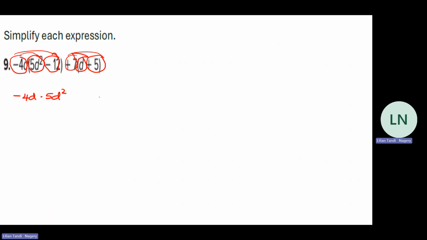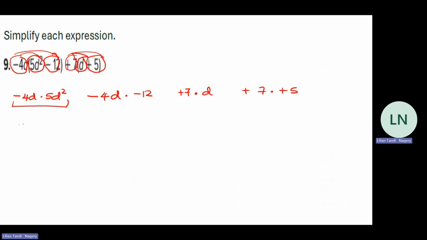Then you have negative 4D times negative 12. Then you have positive 7 times D. You have positive 7 times positive 5.